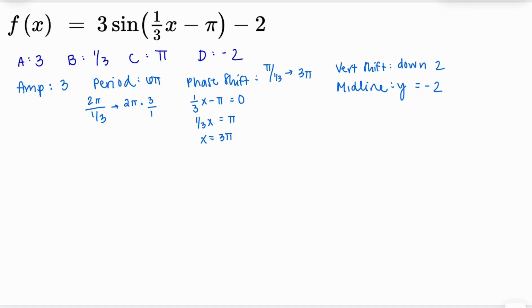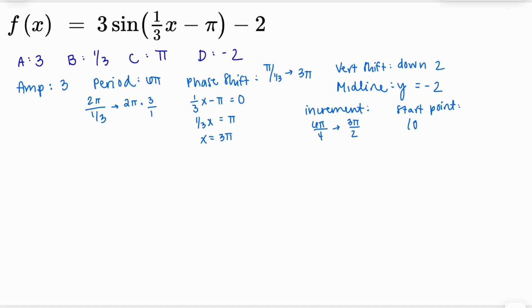The last couple bits that we need are our increment. Our increment is going to be our period divided by 4. We'll reduce that to 3 pi over 2. So that's what we're going to count up by. That's going to be the distance between our points. And then my starting point is normally 0, 0.